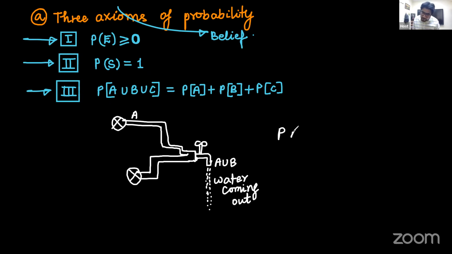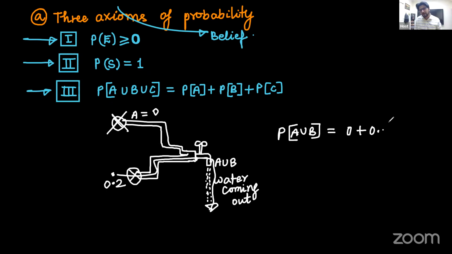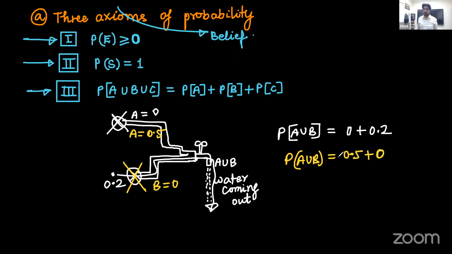So even if there is no chance of water coming out from this supply line, the chance of water coming out is still equal to the chance of water coming from supply line B. And if supply line B was choked and supply line A had 50% chances of water coming out, you notice the water finally coming out will have 50% chances even if the other line is choked.